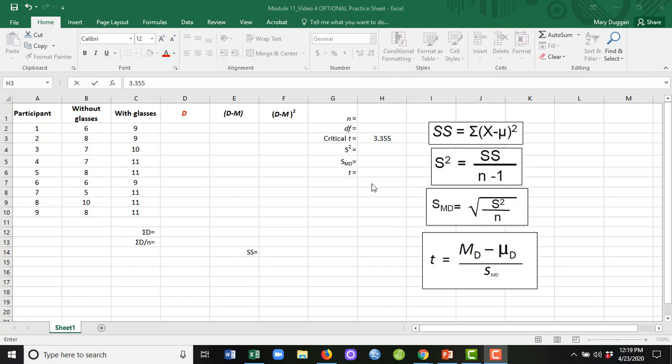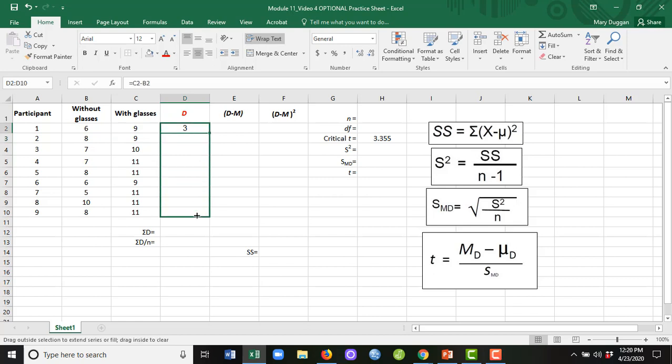I could certainly do the t-test in the other direction, but for interpretation purposes, it's easier for me this way. So what I'm going to do is I'm going to find my difference scores first, and I'm going to do that by taking the with glasses score minus the without glasses score and hit return. And I'll do that for all of these.